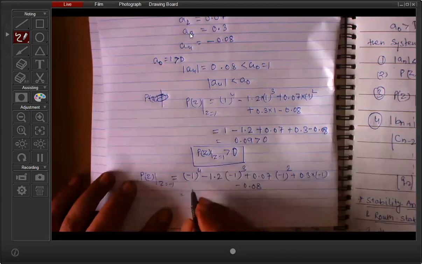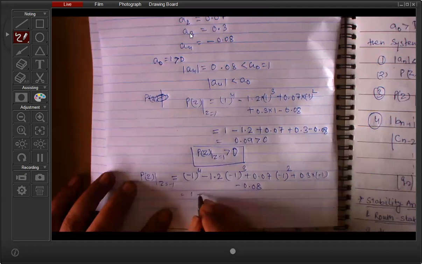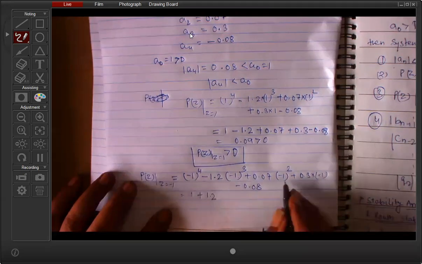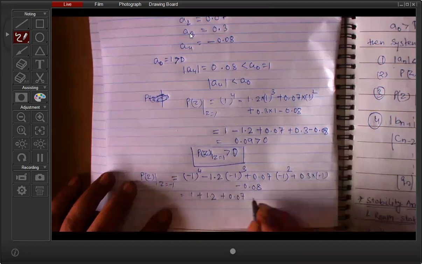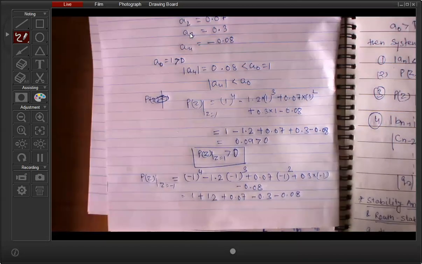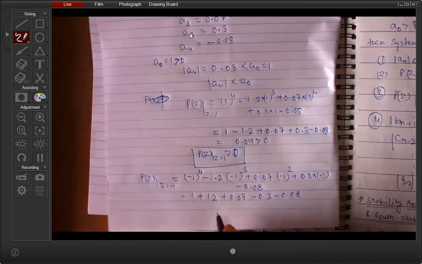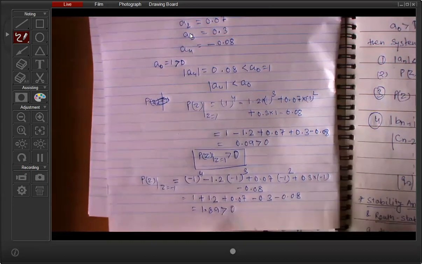So minus 1 to the power 4 is equal to 1. इसका वैल्यू माइनस 1 हो जाएगा, माइनस माइनस प्लस 1.2. अगेन इसका वैल्यू प्लस हो जाएगा 0.07 माइनस 0.3 माइनस 0.08. तो इसका मैग्नीट्यूड कितना आएगा? इसका मैग्नीट्यूड आएगा 1.89, that is greater than 0.